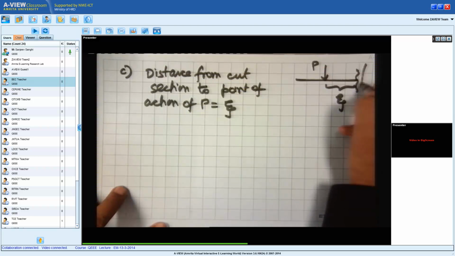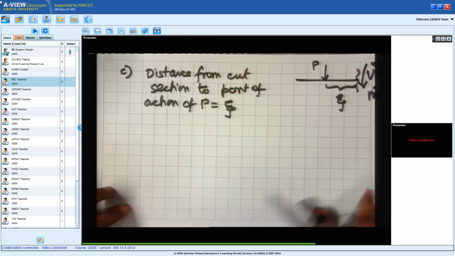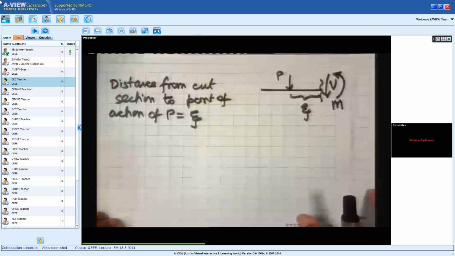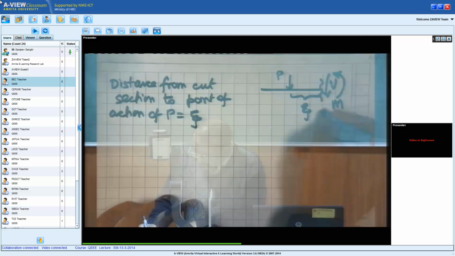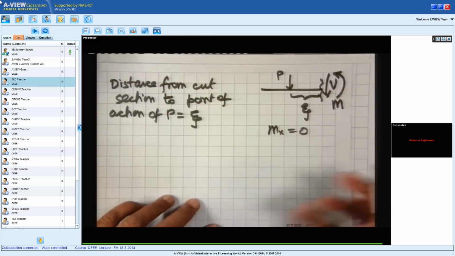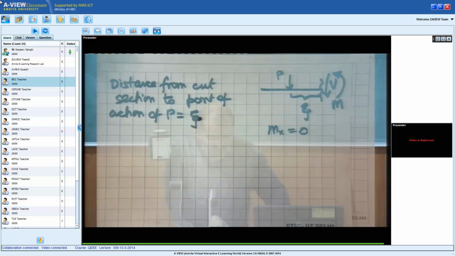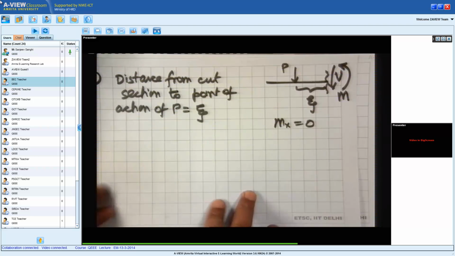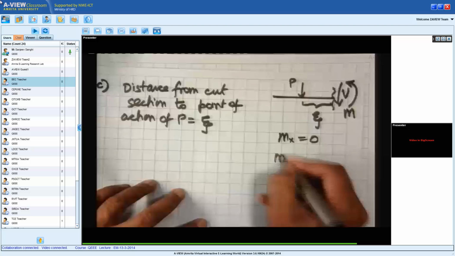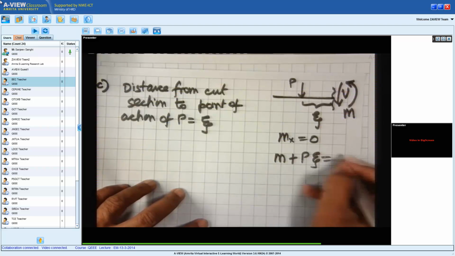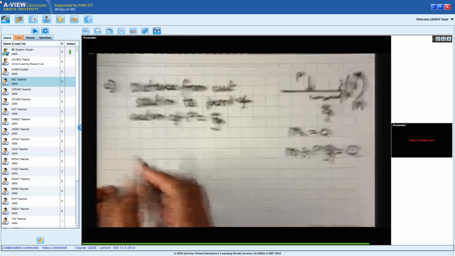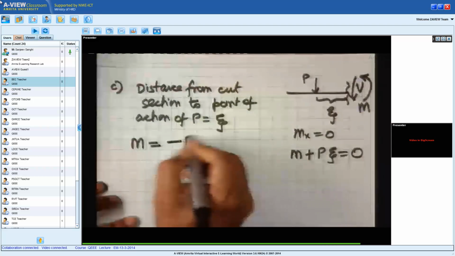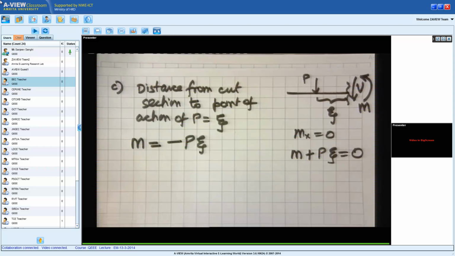So now what we have seen is there is a shear force V, there is a bending moment M. Now if I take moments about x is equal to 0, then I will get moment plus P times zeta is equal to 0. So that means because of P, the amount of moment which I get will be equal to minus P zeta.